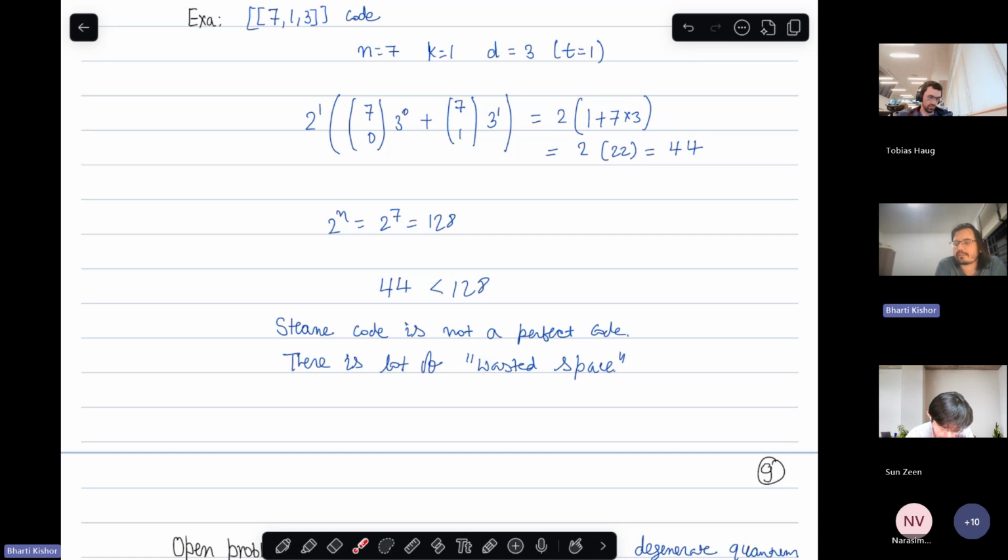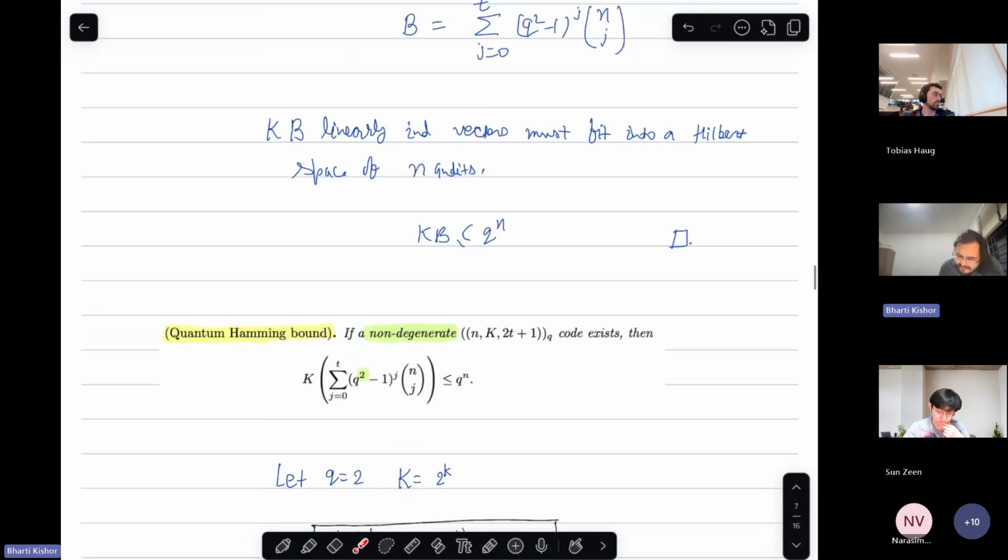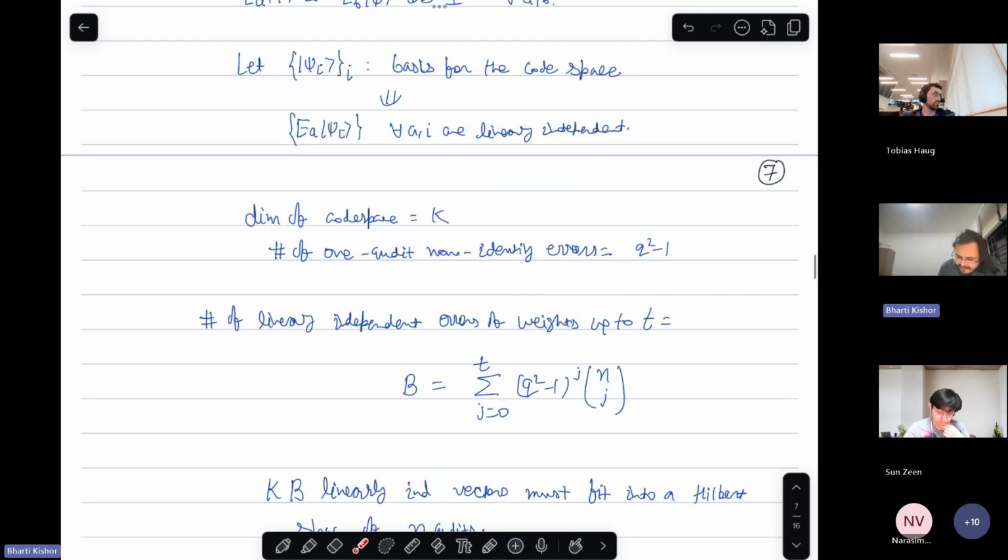what we are saying is that it's an upper bound, right? So when you are assuming non-degenerate codes, you are giving a loose upper bound basically. Here you are doing this counting argument, and we are saying that the E_i, E_j are linearly independent.